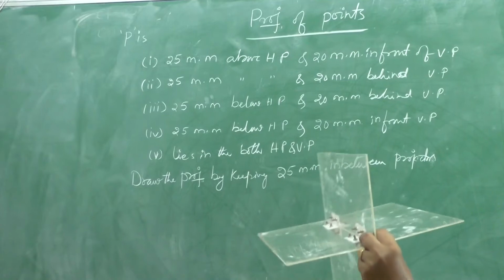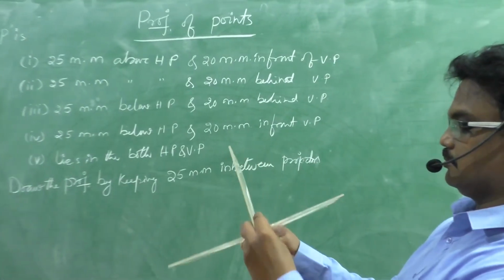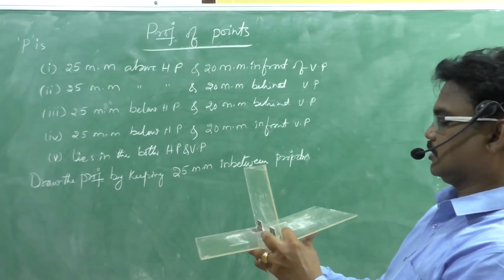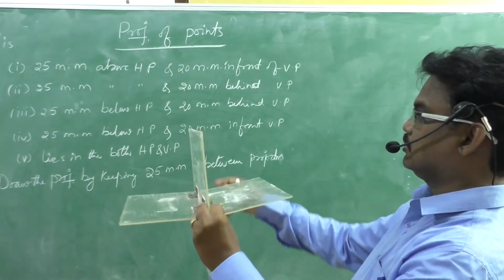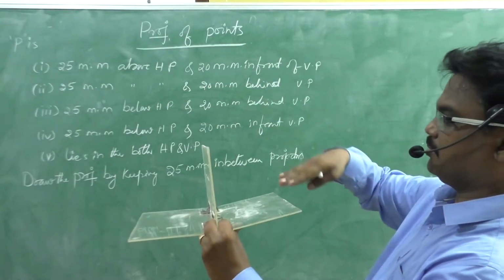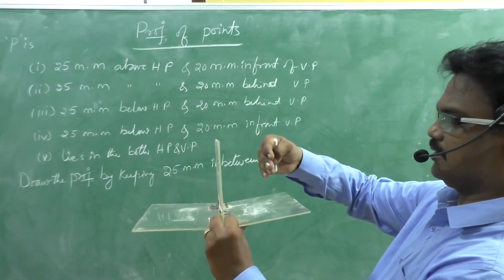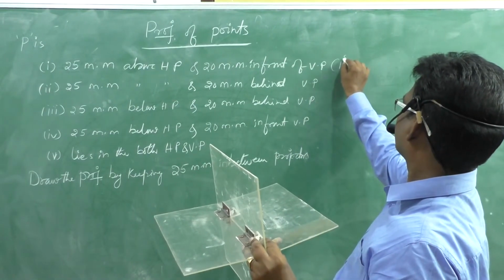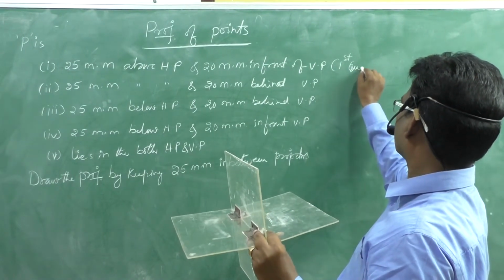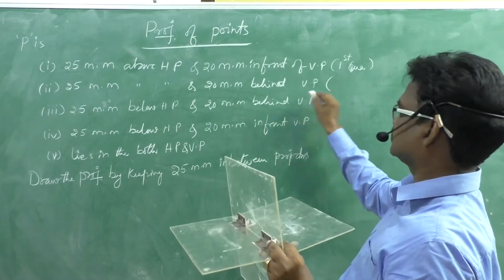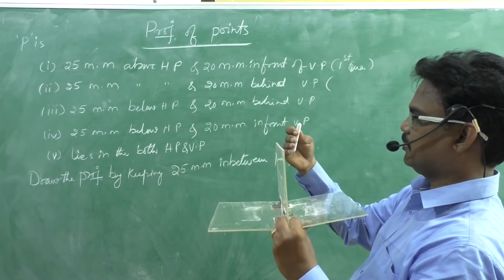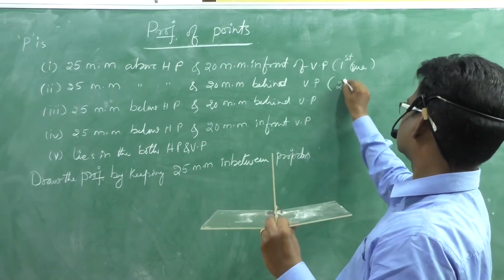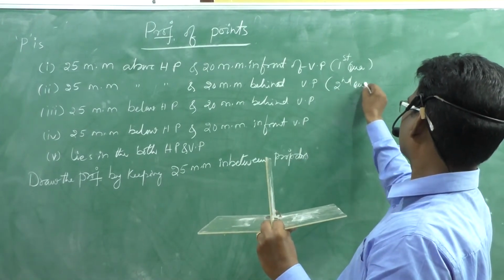First case, 25 mm above HP in front of VP. Therefore it is in first quadrant. The second one, 25 mm above HP, behind VP. This is second quadrant.